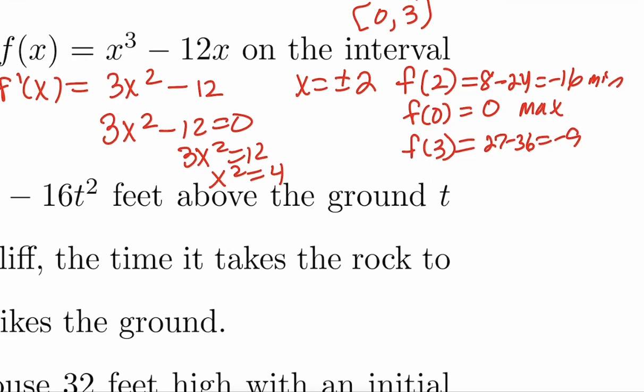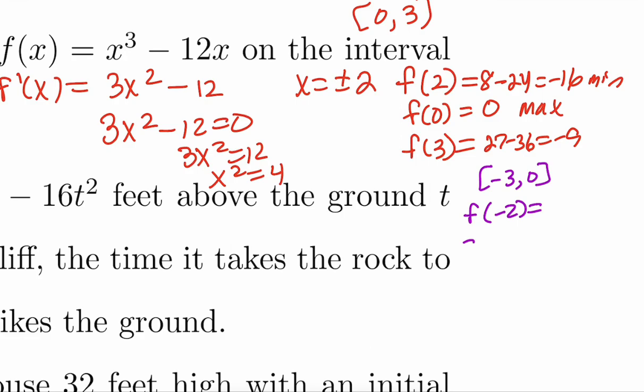Now, they did say to repeat the process for the interval of -3, 0. We're always plugging it back into the original because that's where we want to know where the biggest and smallest is for that function. Okay. This time, what critical number do we use for the interval -3, 0? -2, right?